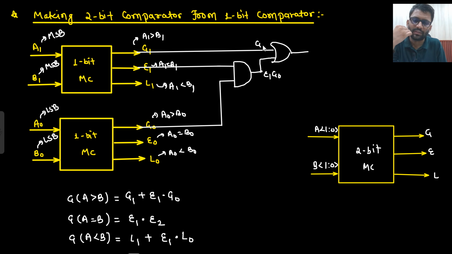What about this? This is G1. So what you will get here is G1 plus E1 G naught.